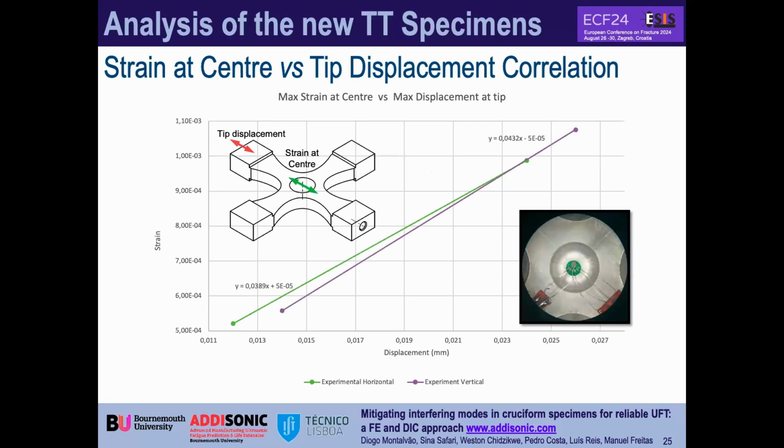Finally, we can correlate the strains here in the center of the specimen, which is what we want, with the tip displacement in both horizontal and vertical axes. In some samples we also used strain rosettes here in the middle, just to confirm the strain at that point.